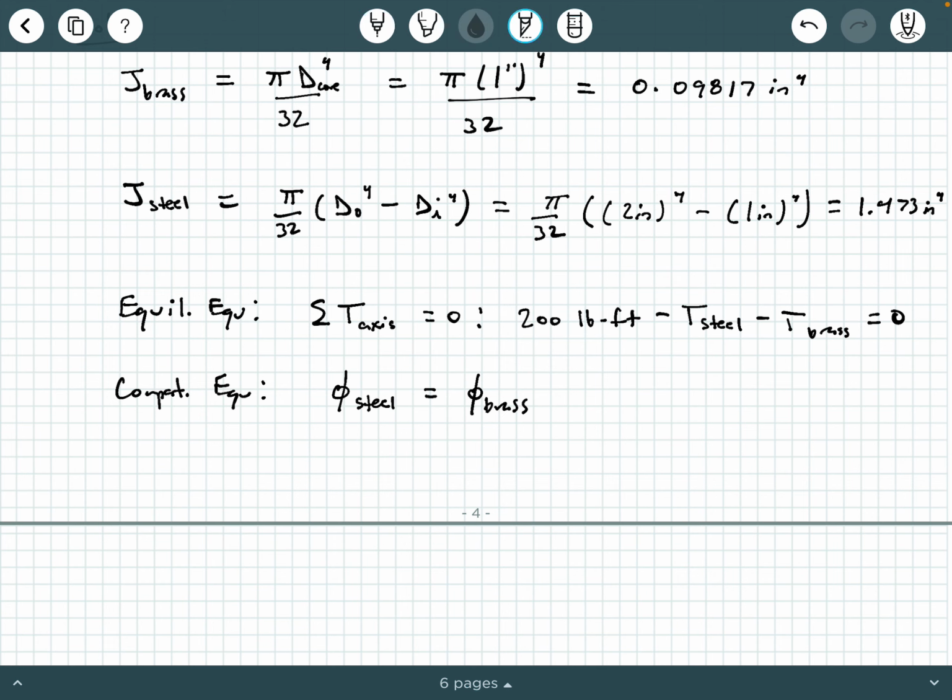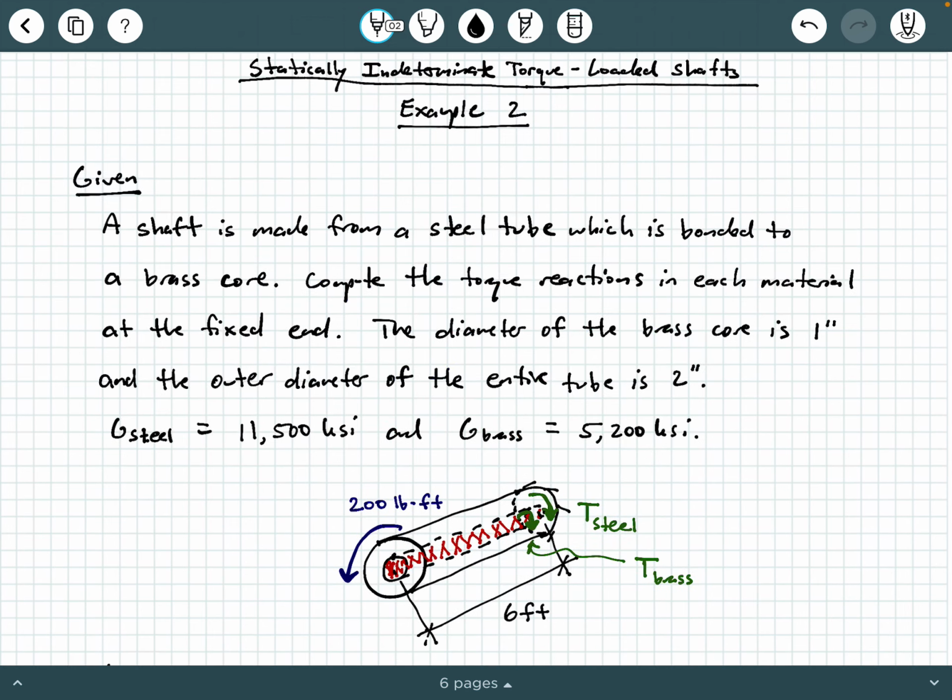So for the steel tube, we're going to say T steel times L steel over J steel, G steel. And then that equals the same formula, but for the brass. So that's going to equal T brass times L brass over J brass times G brass.